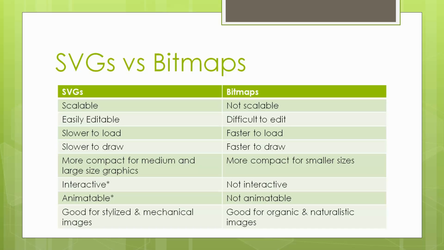Because each element is available, it's easy to do interactive operations, to select one portion of your SVG and to animate them. Generally, SVGs are good for stylized and mechanical drawings, whereas bitmaps are better for the organic and naturalistic images you will see.